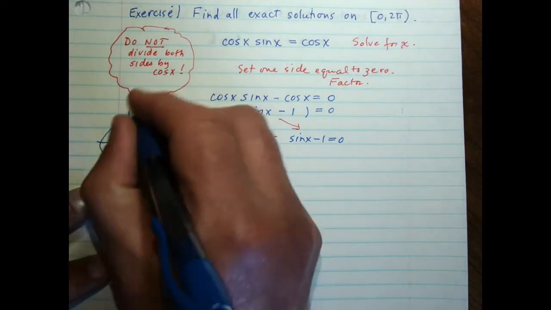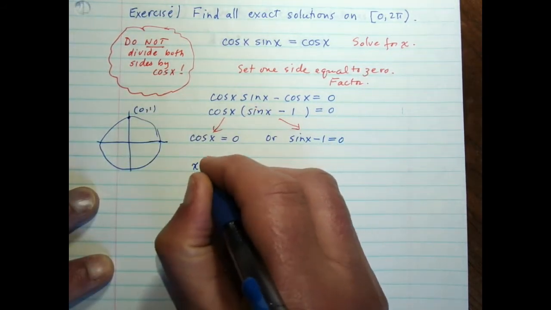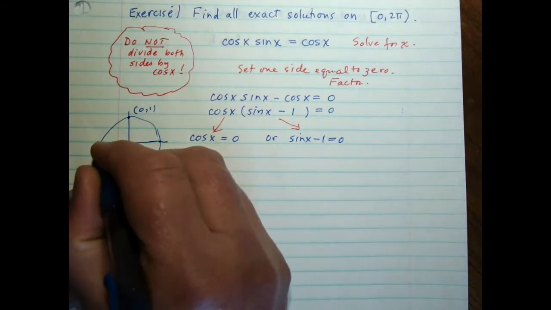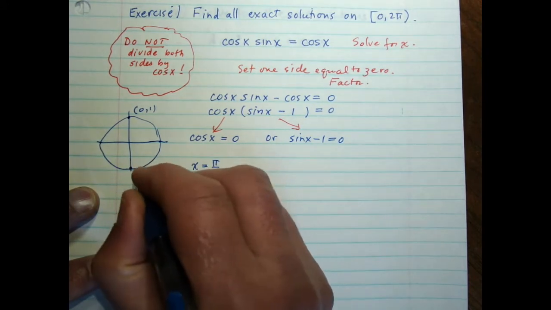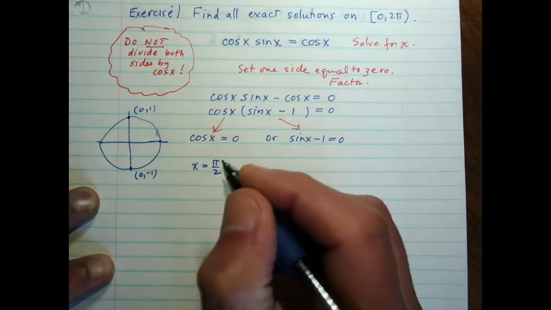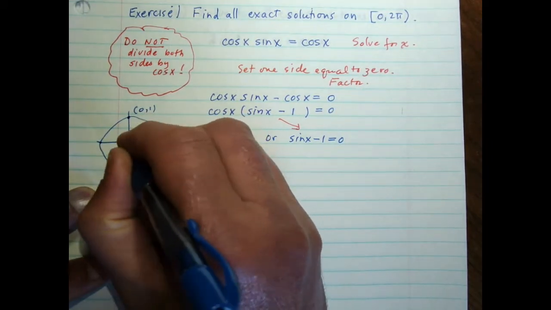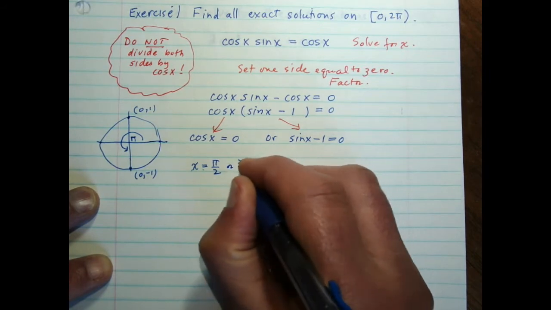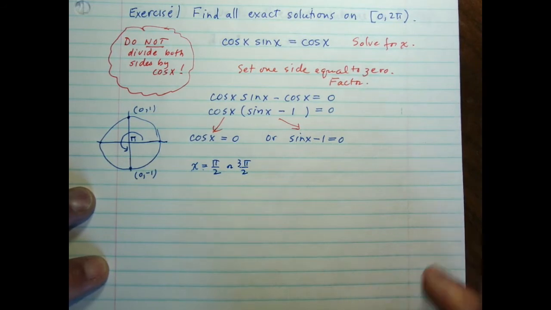Cosine of pi over 2 is 0, so x could be pi over 2. Cosine of pi is negative 1. Cosine of 3 pi over 2 is also 0, so either pi over 2 or 3 pi over 2 are possible values of x where cosine x is 0.